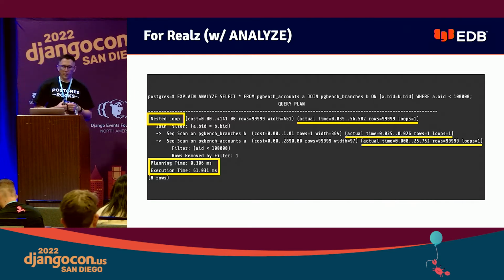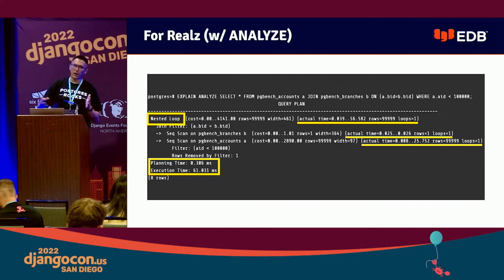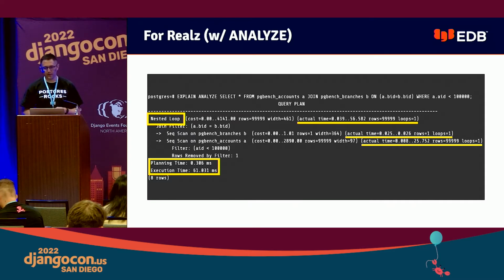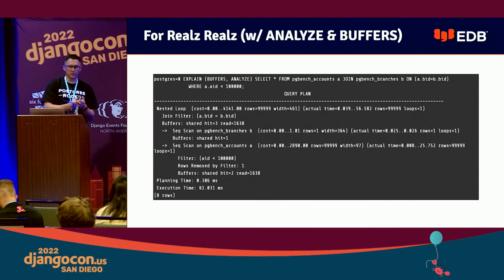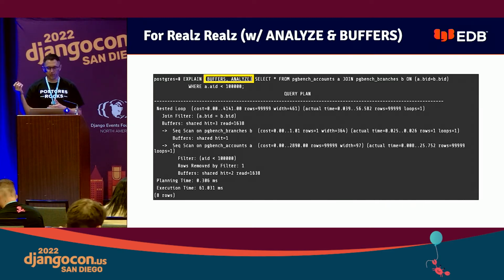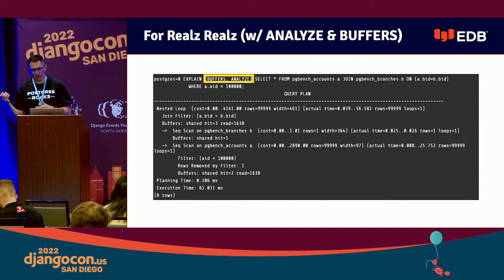Now I talk about explain, I talk about explain analyze. There's actually a lot more that Postgres offers. And another one that you might be interested in is buffers. If I tack on the word buffers to the explain call, I'm not only going to get the estimates and the actual stuff, but I'm also going to get these things called buffers, shared hit, shared read.